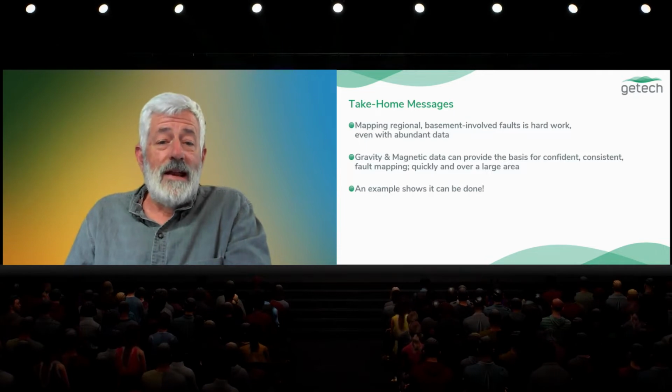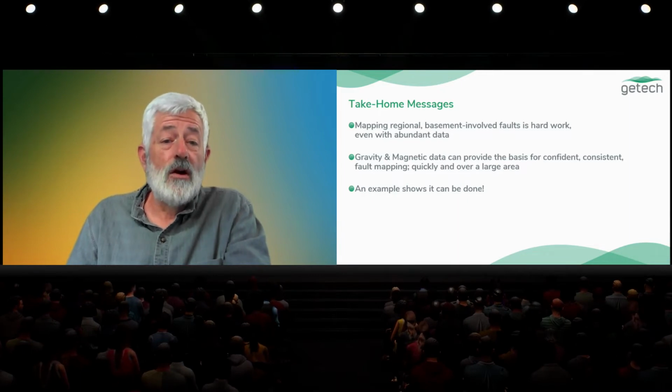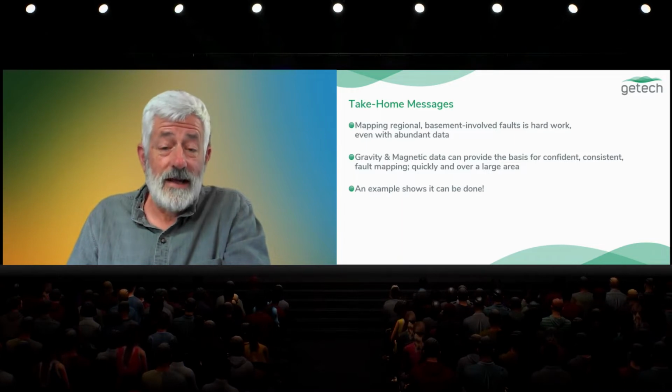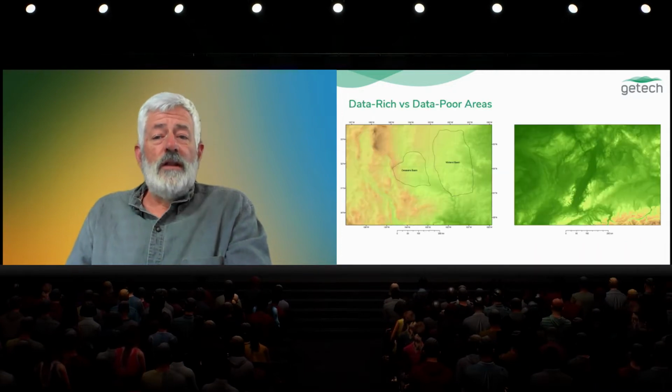And gravity and magnetic data is one of the ways that you can do consistent, confident fault mapping over a big area in the time that's required to get it done. And I'll show you an example just to demonstrate that it really can be done. So let's take a look.